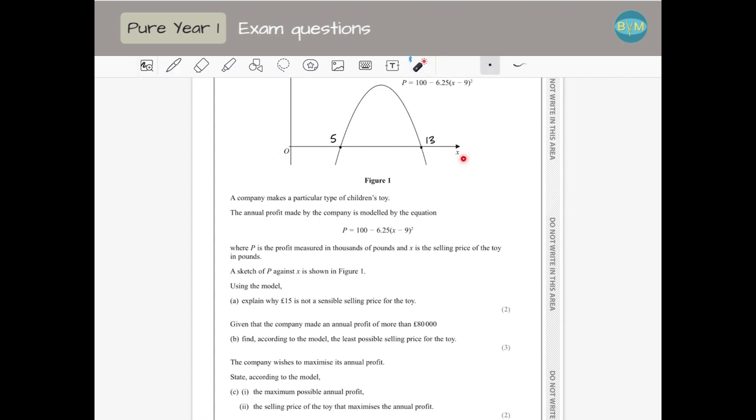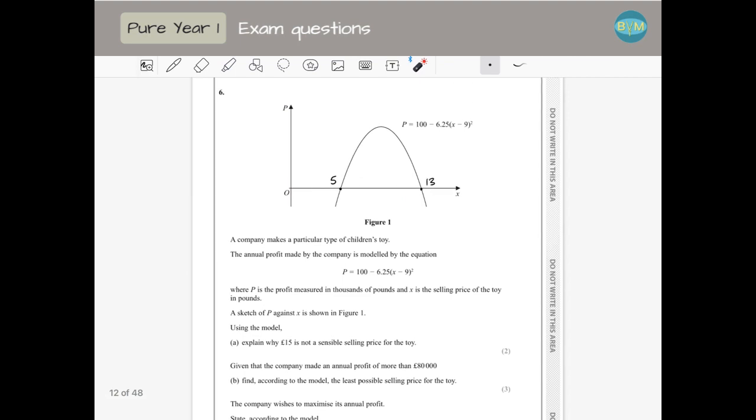And x is the price of the toy, which means that if the price of the toy is less than 5 or more than 13, the profit is negative. So they are not getting any money with the toy. That's why if you get £15, the profit would be negative, and it doesn't make any sense.